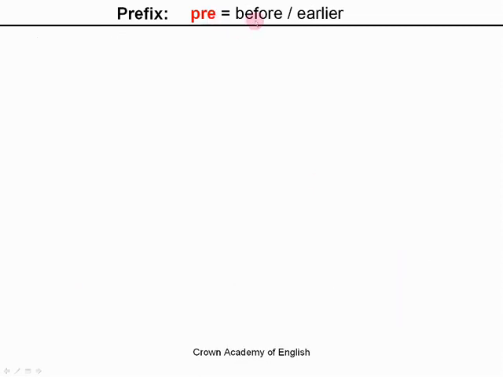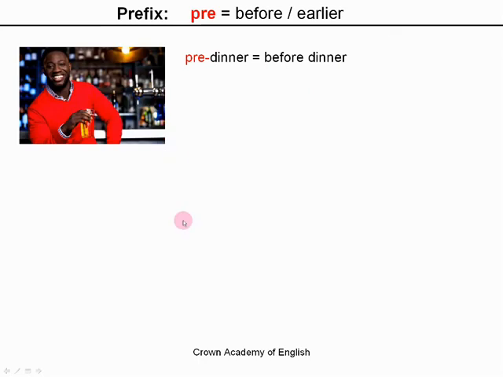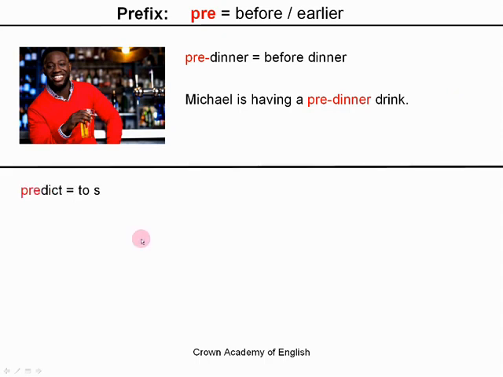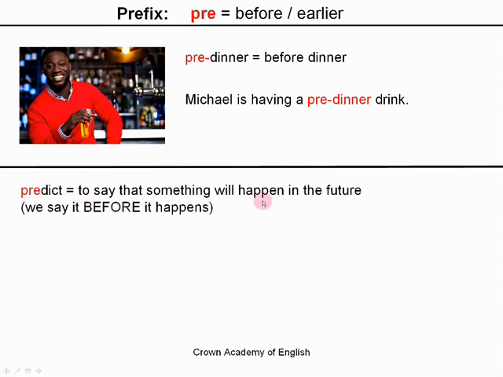Pre means before or earlier. Pre-dinner means before dinner, with a hyphen. Michael is having a pre-dinner drink. Predict, it's a verb, to predict. To say that something will happen in the future.